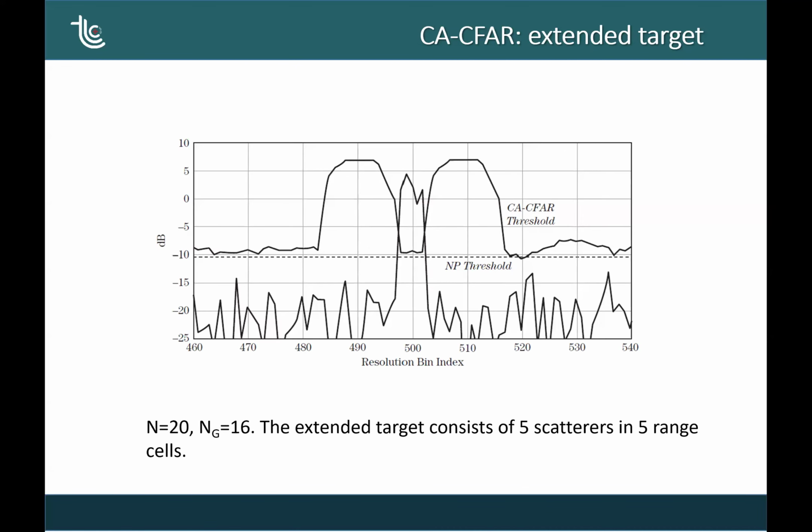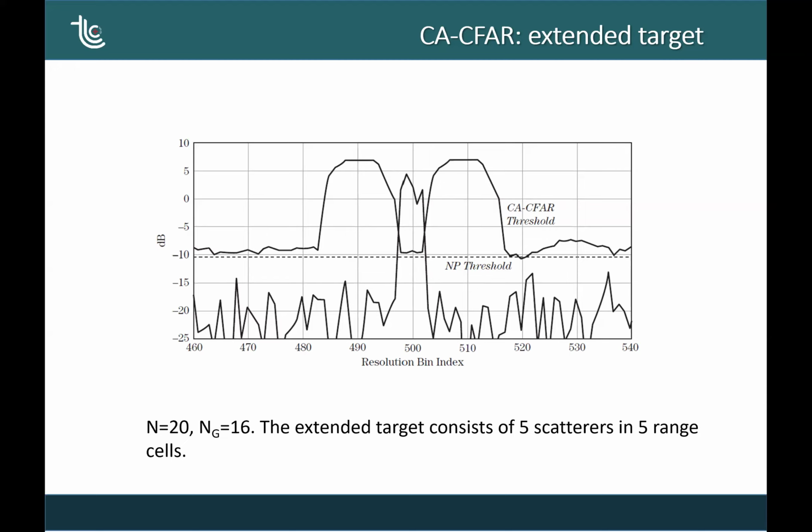So how can we fix the number of the guard cells? It depends on the maximum dimension of the target that we expect in terms of range cells.